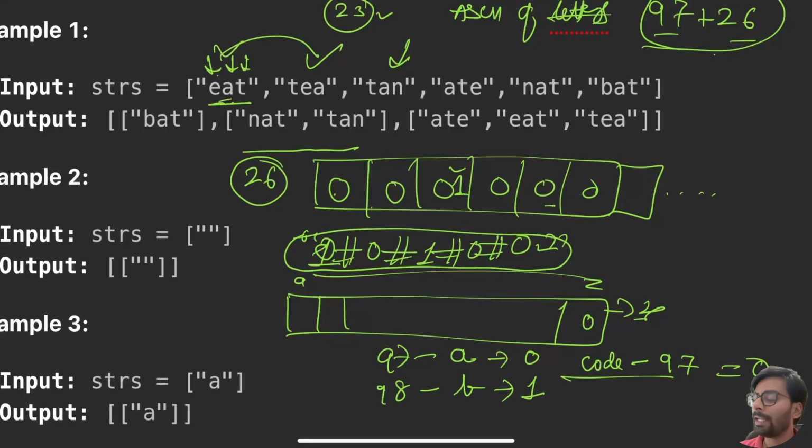Now if we concatenate, the value will look like this, which will be the same for ten and for nat as well. This grouping is grouping by the frequencies or grouping by the count. And if you had grouped through sorting, that's another way. In both techniques, we are basically creating a unique key to store in the map. And if different strings create the same unique key, then they belong to the same category or the same group.